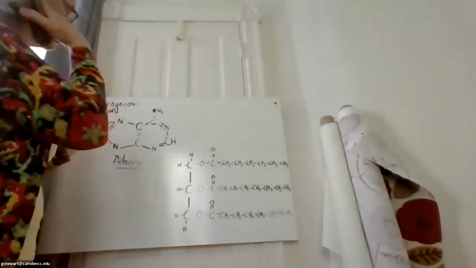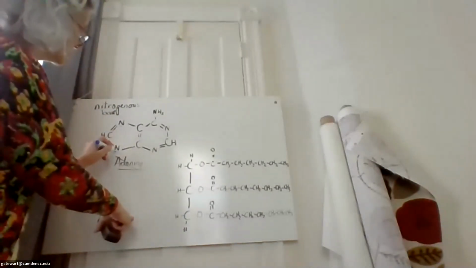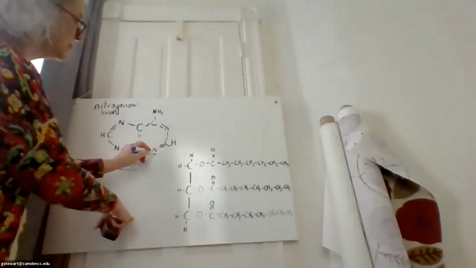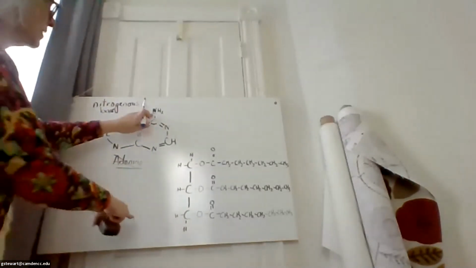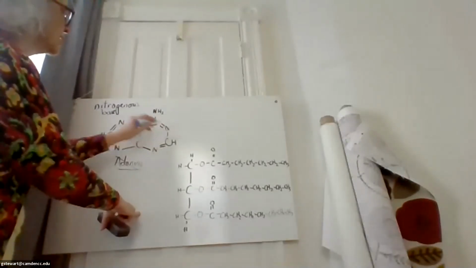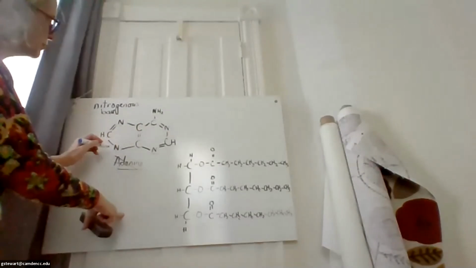If you look carefully at the picture, which is better drawn in your textbook, you'll see there's actually nitrogens in the ring, whereas in a protein or an amino acid, the nitrogens are in the chain, in the backbone, but they're not in the ring.